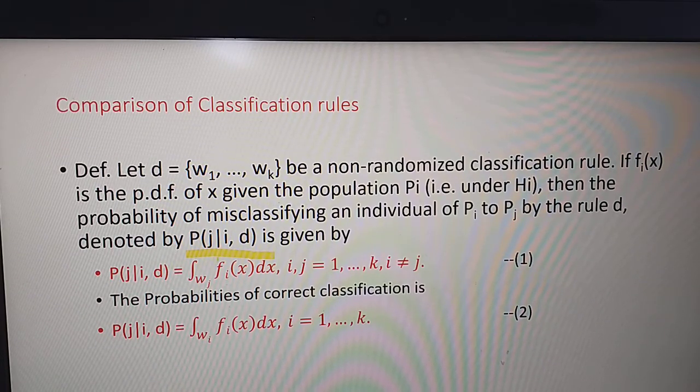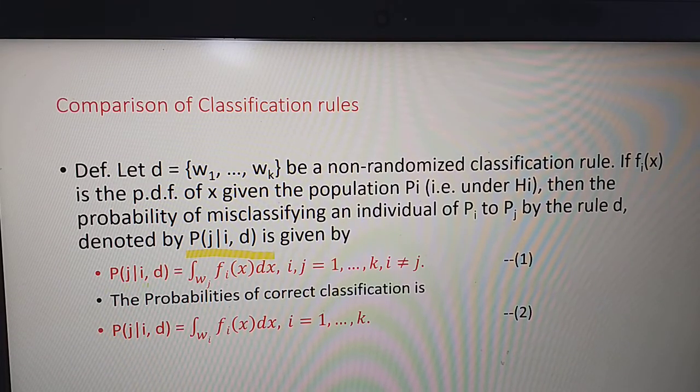The notation is given by P(j|i, D) = integral over the region Wj of fi(x) dx, for j from 1 to k, i not equal to j.